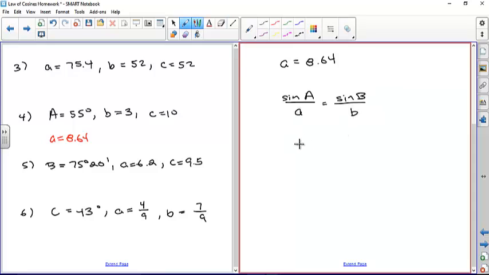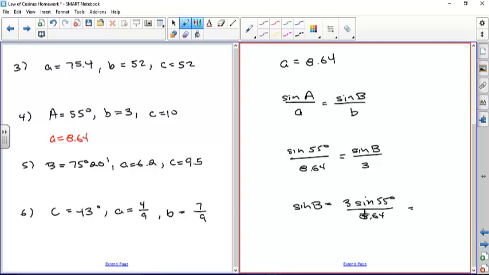So in our case, let's just plug the numbers in. Sine of 55 degrees divided by 8.64 is equal to the sine of B, which I don't know, divided by b. So if you solve for the sine of B, it's going to be equal to 3 times the sine of 55 degrees divided by 8.64.